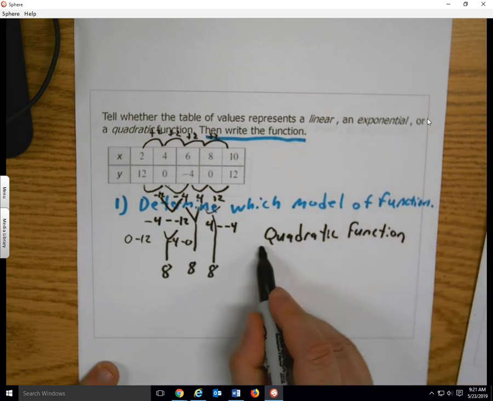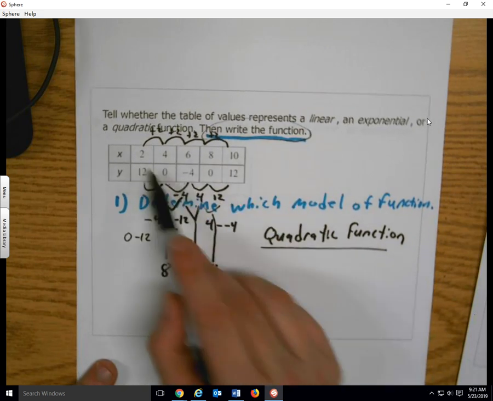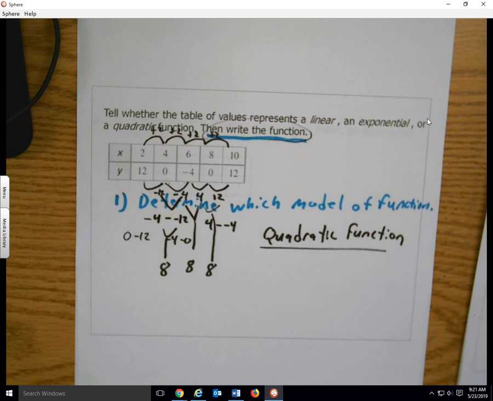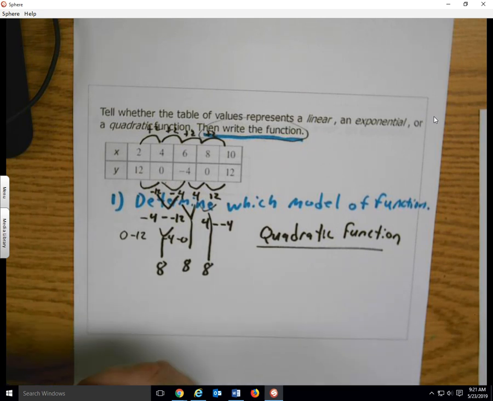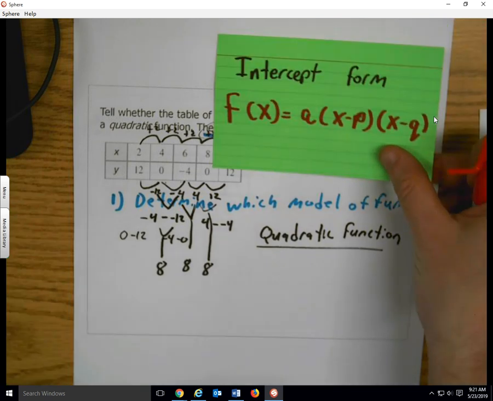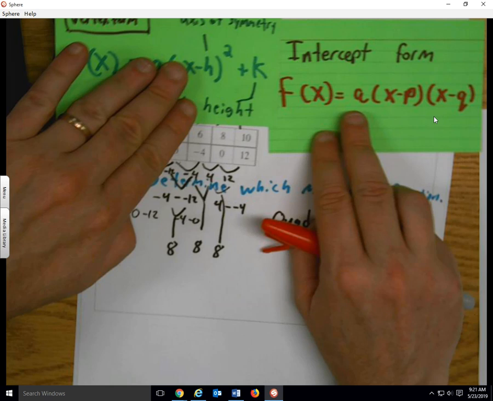But we're not finished, because now it's asking us to do something interesting. It says write that function from this data set. It wants us to write it in standard form. How would we do that? This is where you really have to be analytical. Let's review the forms here too, because we want to turn it into standard form, and how you can do that is either with the intercept form or with the vertex form.